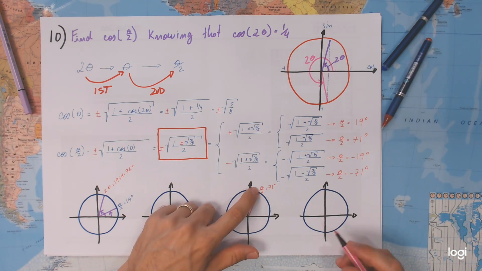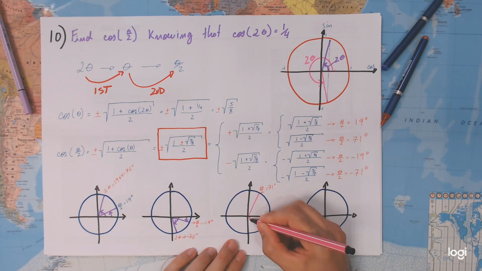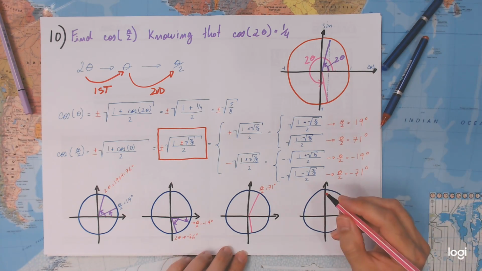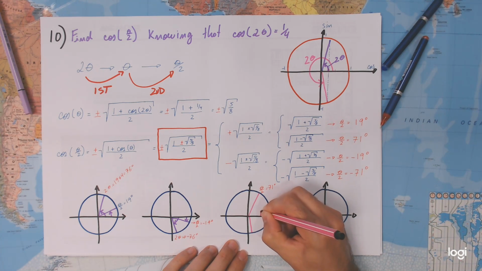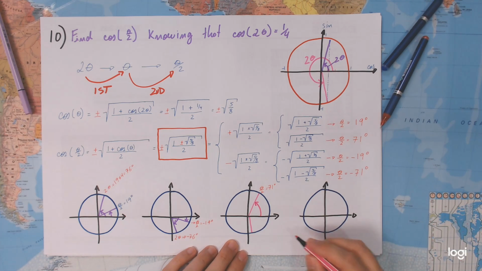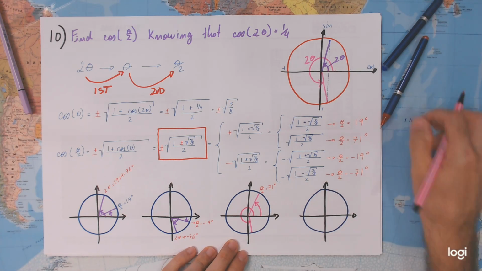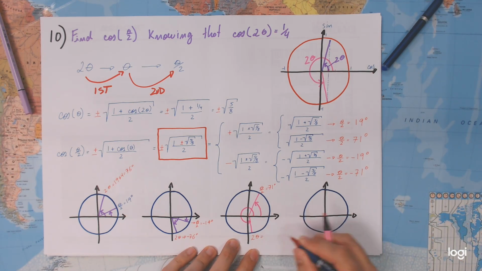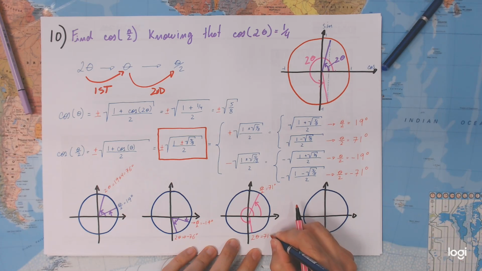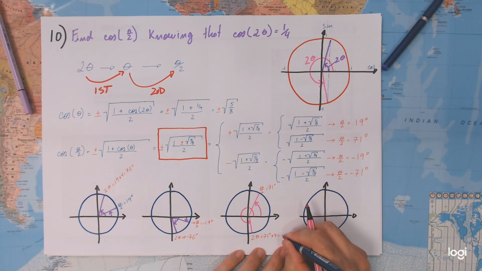And if theta over 2 is 71, let me put it like this. Okay, we have another angle this big, and this other angle is going to be 2 theta. This one is going to be 71 degrees times 4, which is 284.